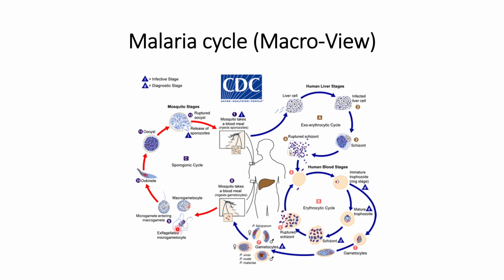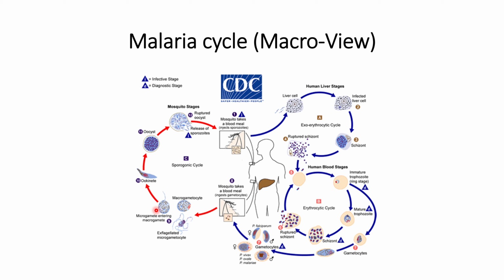And when these macrogametocytes and microgametocytes are taken in, the interaction will take place in a way that microgametocytes will enter within the macrogametocytes, so that the reproduction reaction can proceed.